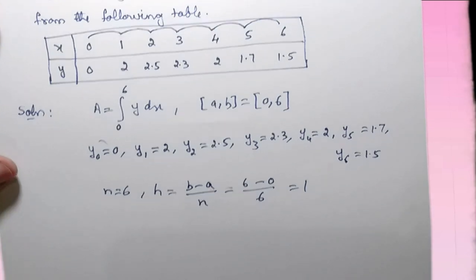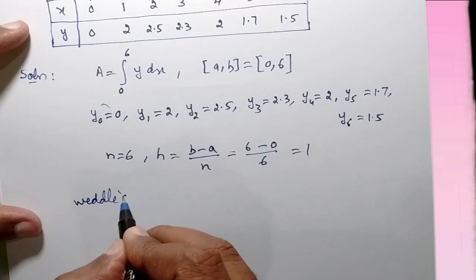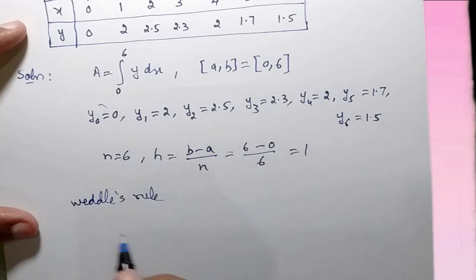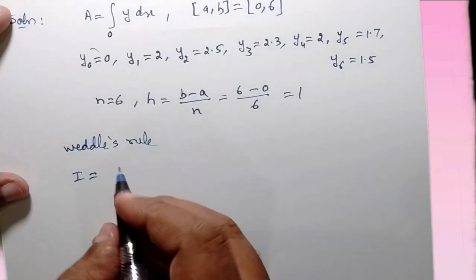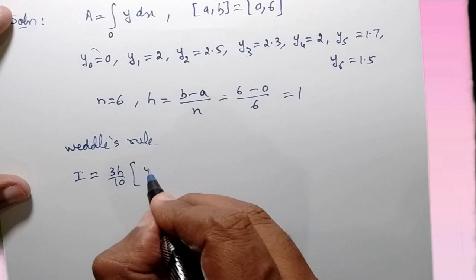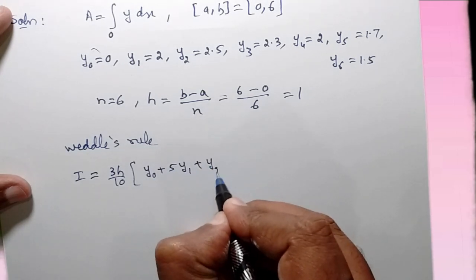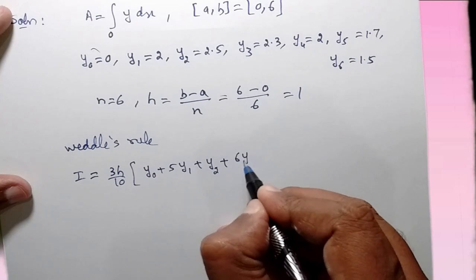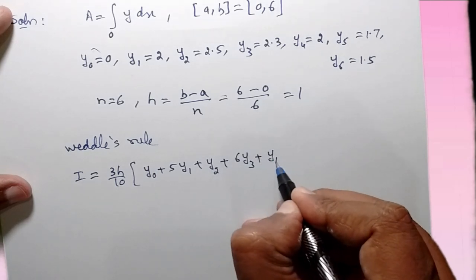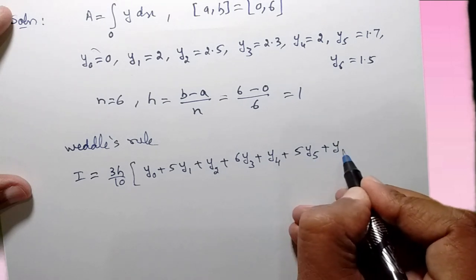So now go for the Weddle's rule. I will be equals to 3h by 10 times y0 plus 5 times of y1 plus y2 plus 6 times of y3 plus y4 plus 5 times of y5 plus y6.